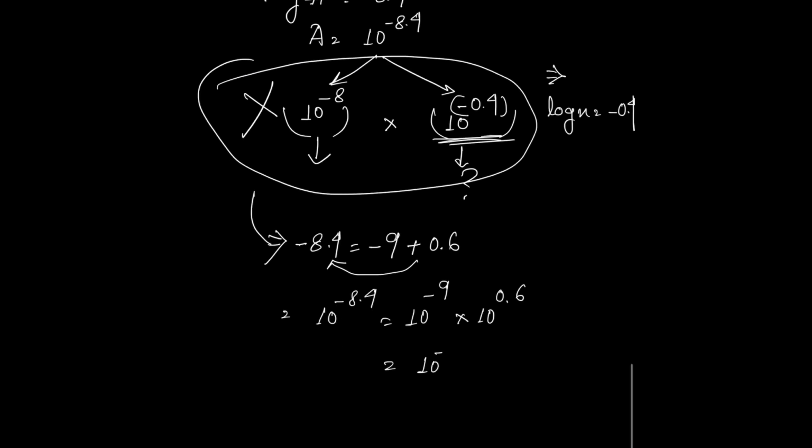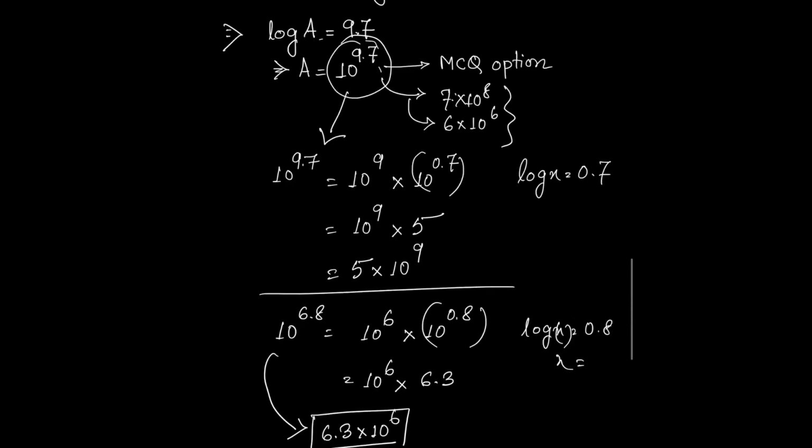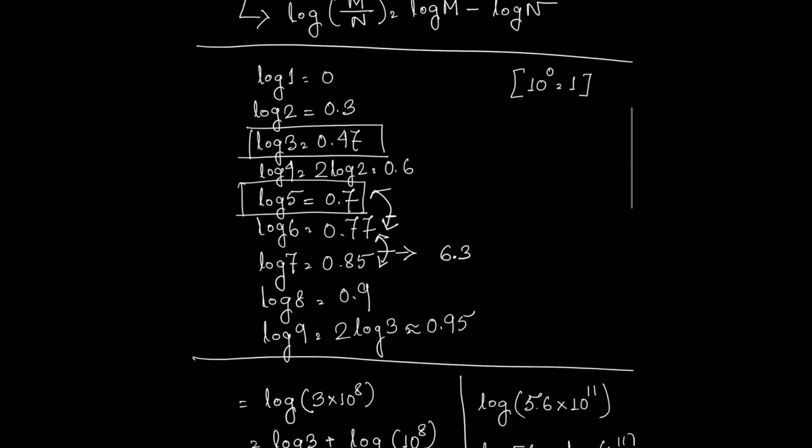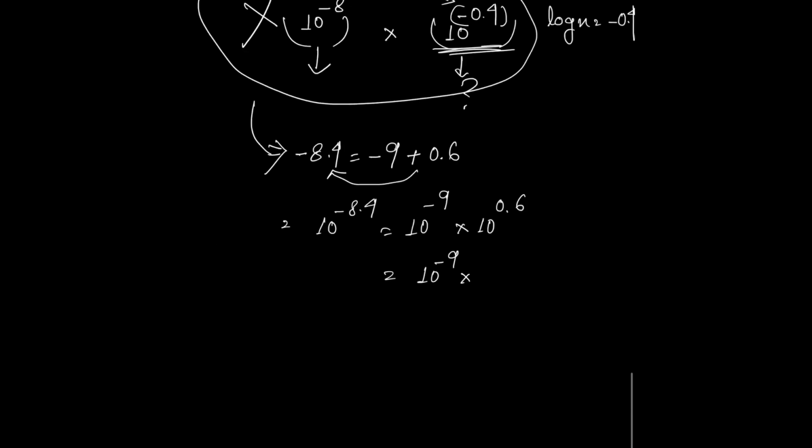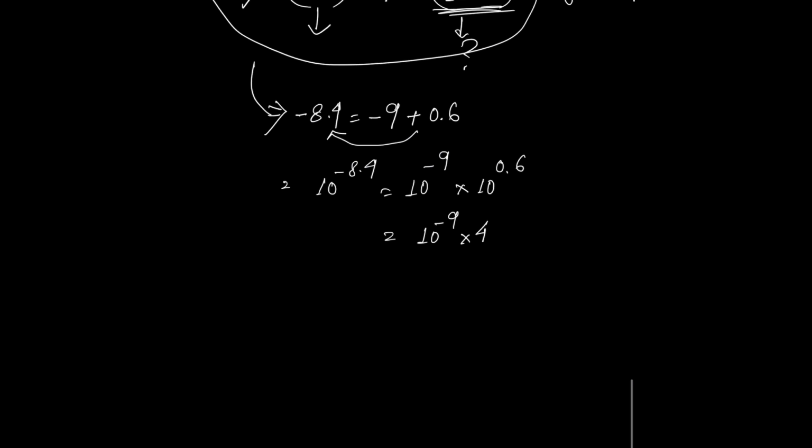This will be easier, as we know 0.6 is the log of 4, right? So it would be 4. The answer would be 4 into 10 to the power minus 9.